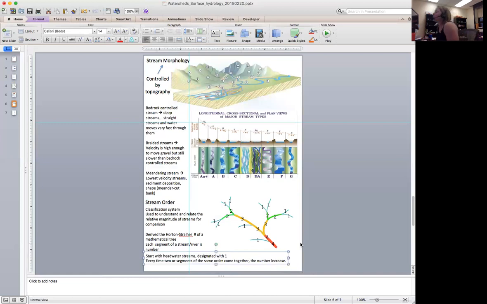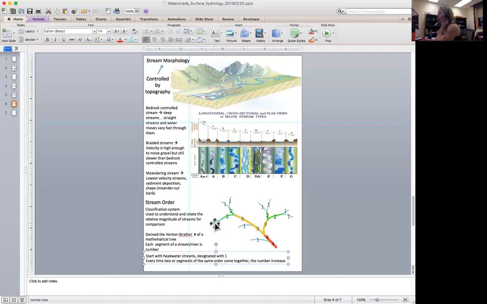All right, so if we take a look at this one here in this example to the right, what we see is that we have a number of headwater streams. And as these headwater streams come together, each labeled 1 and 1, they come together to form a 2. That's the next order as these limbs come together in terms of a confluence and form the next stream down.